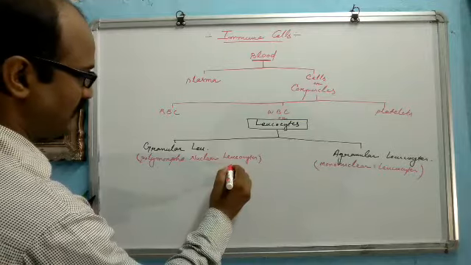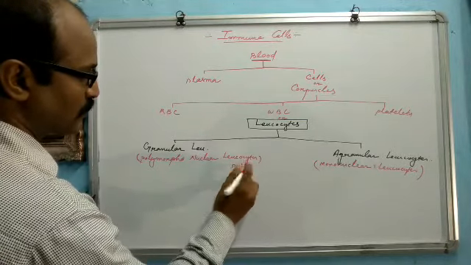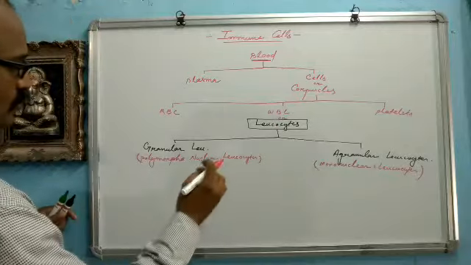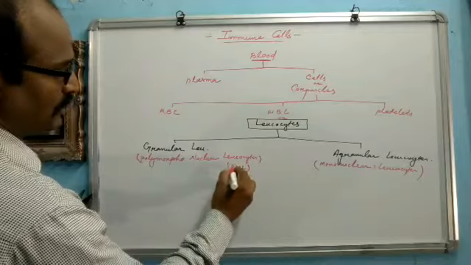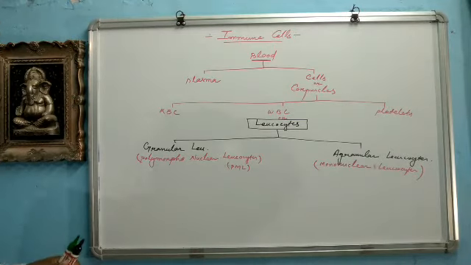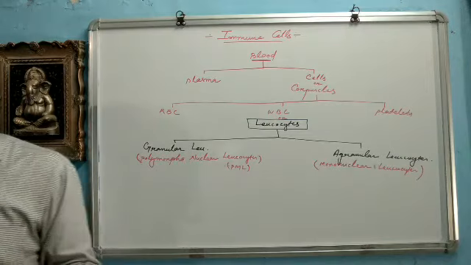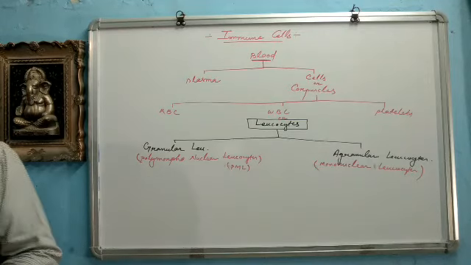Polymorphonuclear leukocytes, also known as PML, and mononuclear leukocytes. Such polymorphonuclear leukocytes are again classified into three.